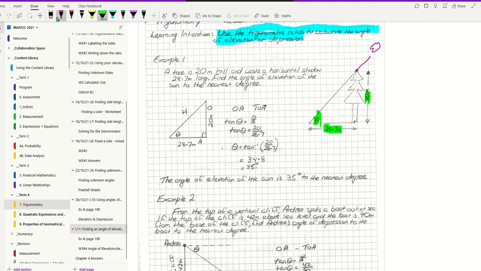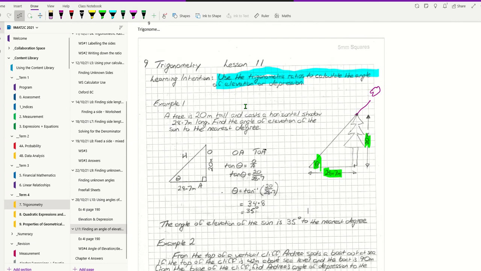So all of these, as we said last lesson, are going to end up being TOA. But there's our picture, which has probably been from a textbook, so what we should do is transfer that to a diagram. The tree is 20 meters tall. Let's do a vertical line and cast a horizontal shadow, 28.7 long. There's our 28.7.